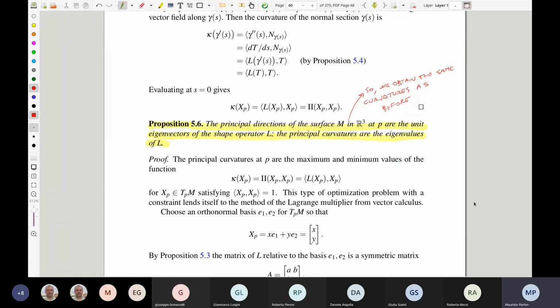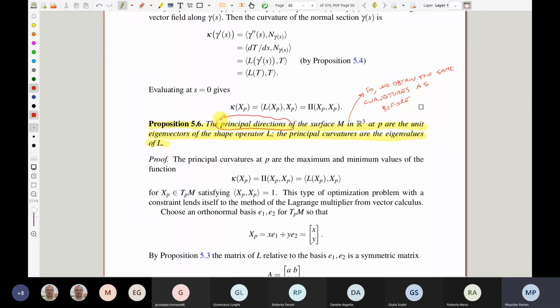So, proposition. Remember that the principal directions are something we already defined in terms of normal sections. The principal directions are the directions that, when taking the normal section, give you the minimum and the maximum of the Gauss map, as before.